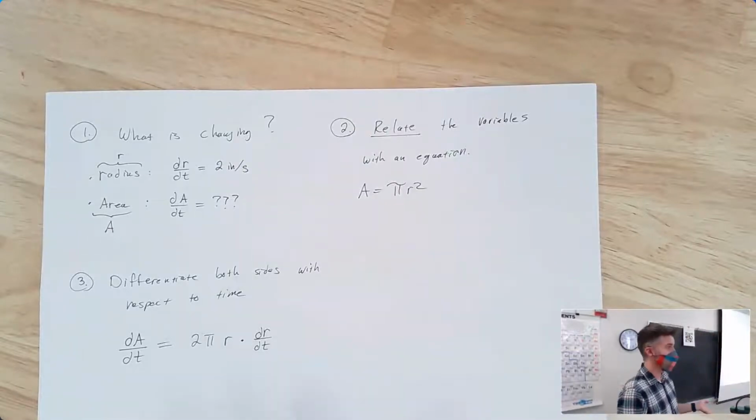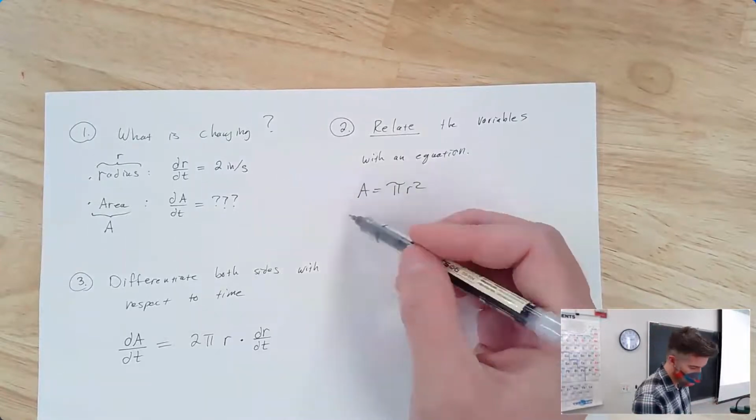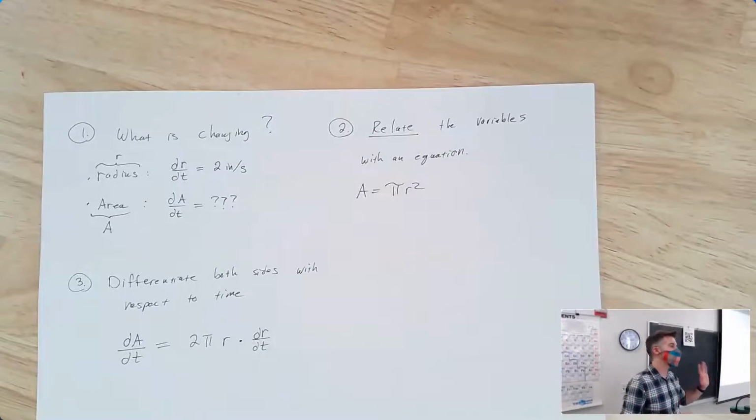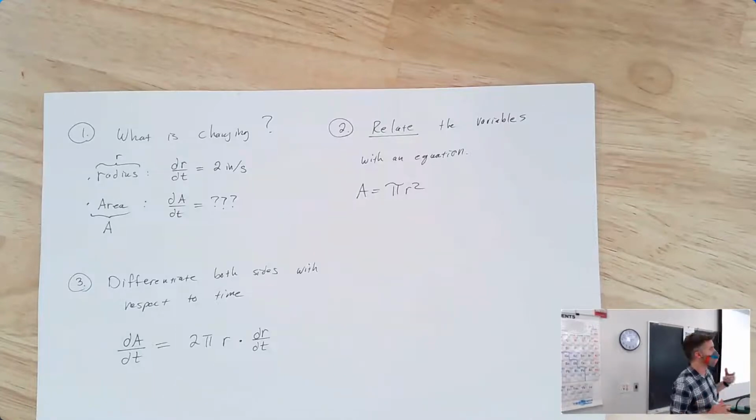That's the key step: after you get this equation relating the variables you're interested in, you differentiate both sides. There are some exceptions, there are some good biological examples in this class where it's not time, but most of the time, the variable that things depend on is time. So you're going to differentiate both sides with respect to time.